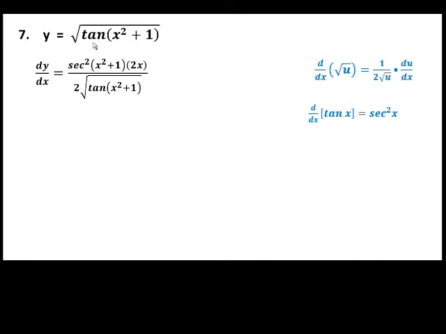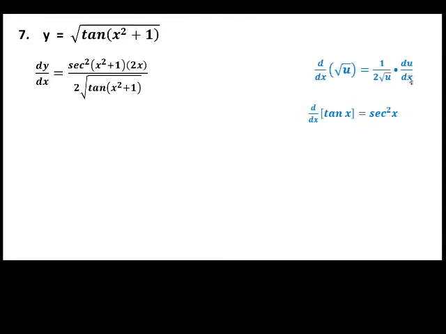Derivative, okay, so we use the derivative of square root. Our u here is tangent of this quantity x squared plus 1, so 1 over 2 square root of u, and our u is tangent of this quantity.